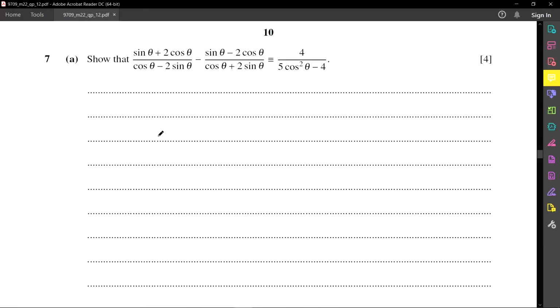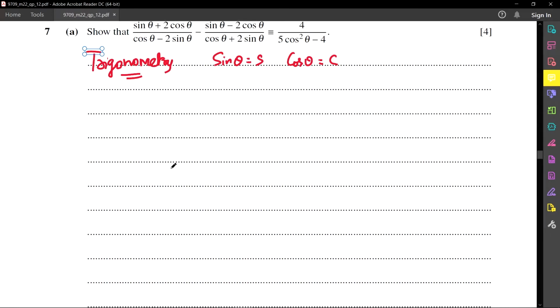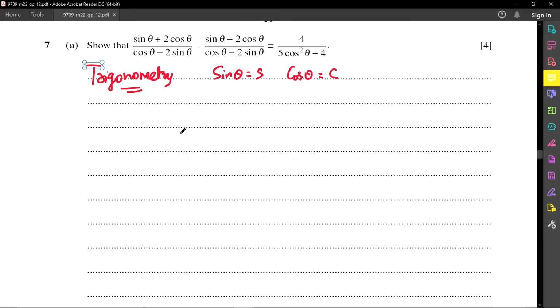Now coming to this question, it is very obvious that this question relates to the concept of trigonometry. So for convenience, I'm using sine theta as S and cos theta as C in this question. So please do not do this in your exam, I'm just working it this way to make it simpler.